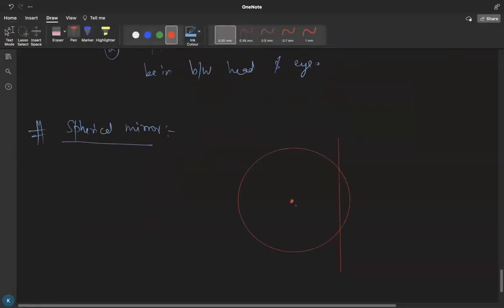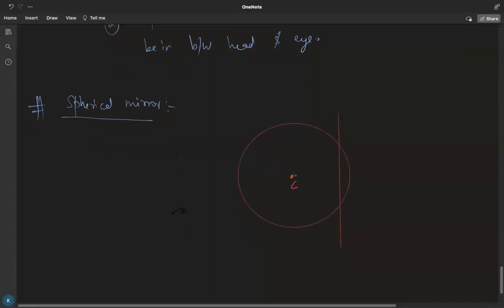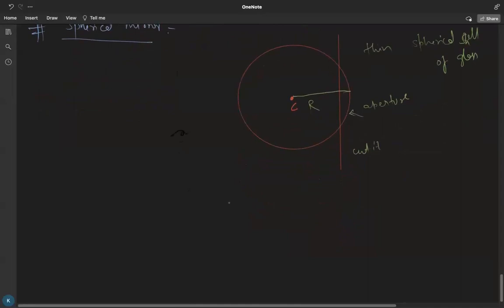Let us assume this is our center and this is our radius R, and this is known as the aperture. A thin spherical shell of glass, when you cut it from here, you will get a shape that looks like this, right? And this point is known as the pole.